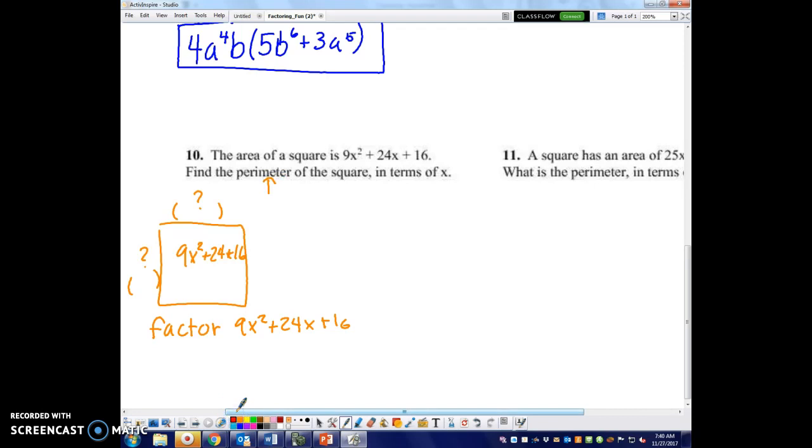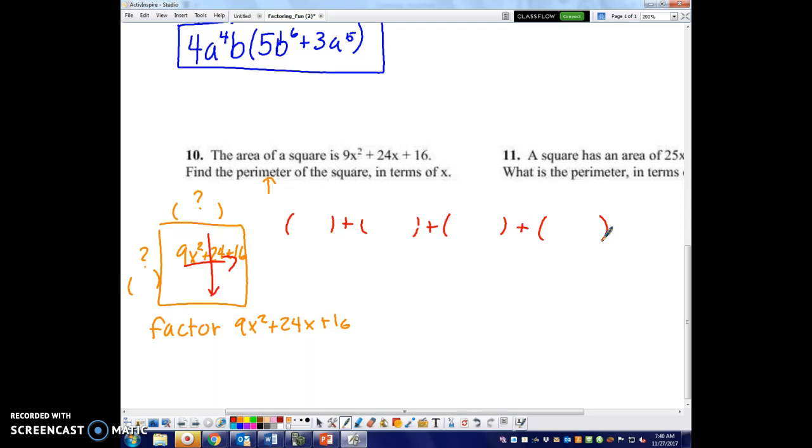You add all the sides. So once you find the factors, you're going to add the factor, this one, plus this one, plus this one again, right, because it comes down here. And then plus this one across here. Okay? So that's how you're going to find the perimeter. Then you'll combine like terms, and it'll be okay.